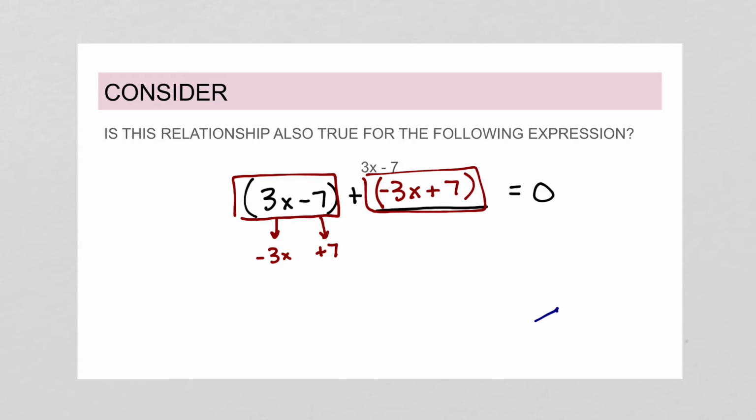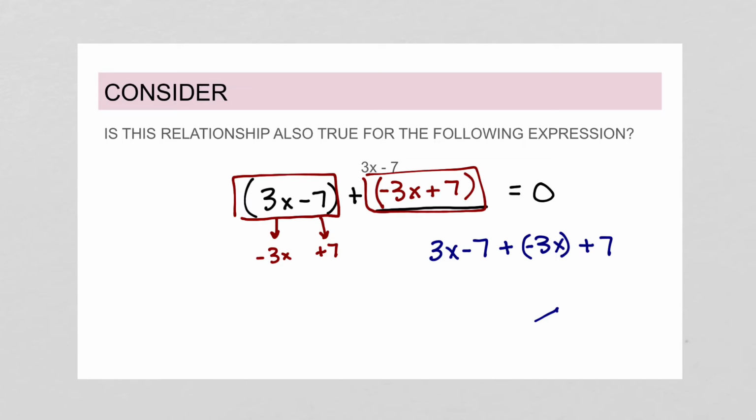And can we check that to see if it's true? Absolutely, we can. Let's add them together. I've got 3x minus 7, and I'm going to add to that negative 3x and a positive 7. I want to know if it ends up as 0.